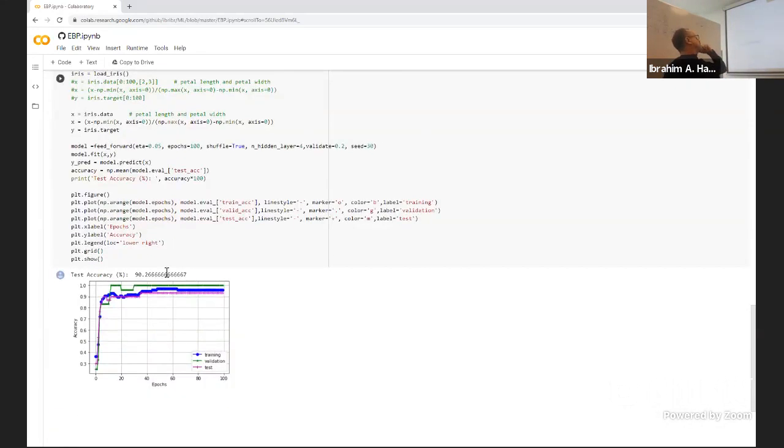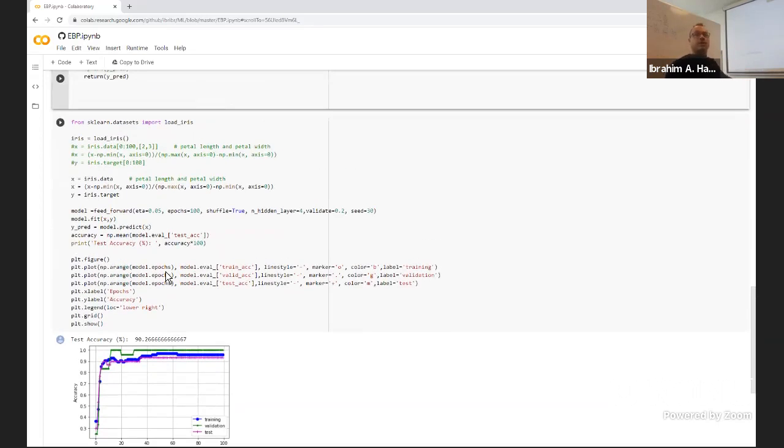Also, accuracy is 26%, which is not very good accuracy. But of course, we should reach maybe 99%. I mean, we did that before, and we can get 99% accuracy.